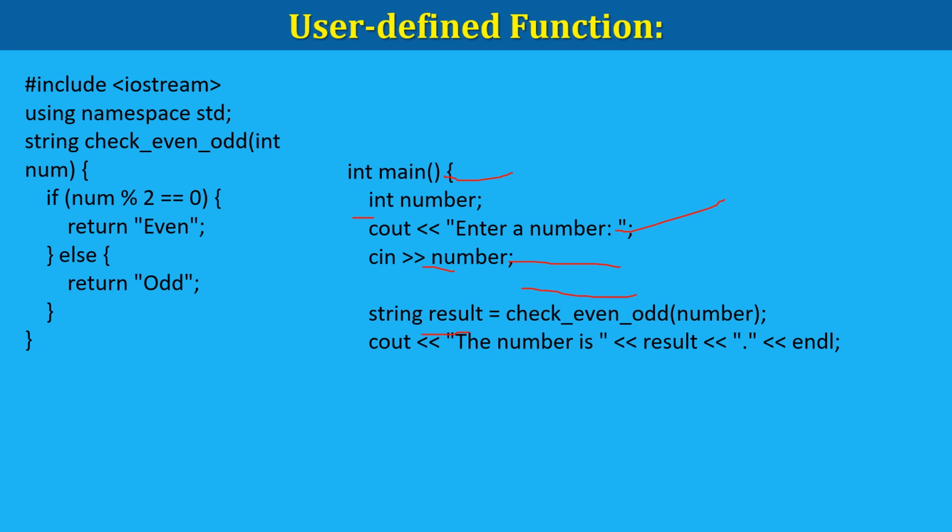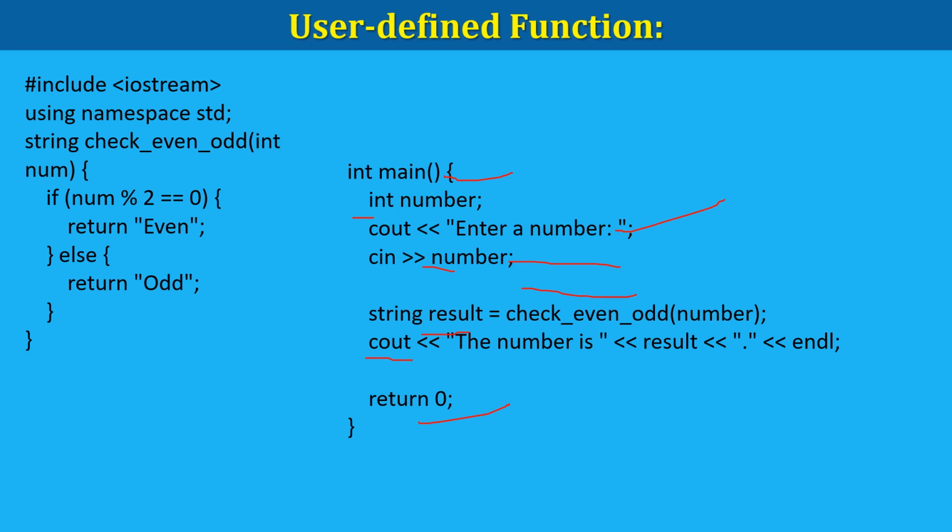This prints the result of the function, telling the user whether the number is even or odd. At the end of the main function, return 0 ends the main function and indicates successful program execution.